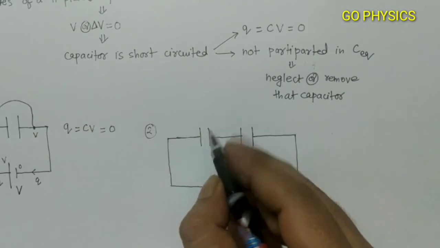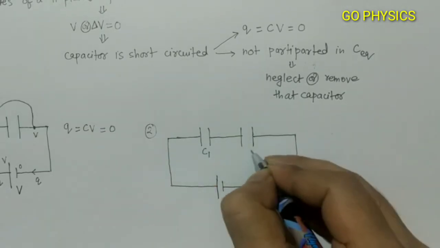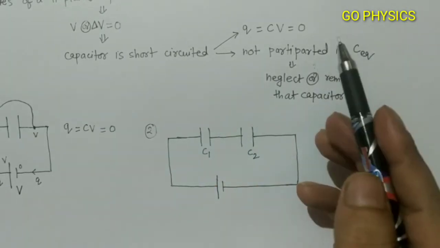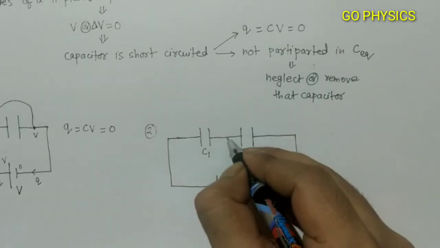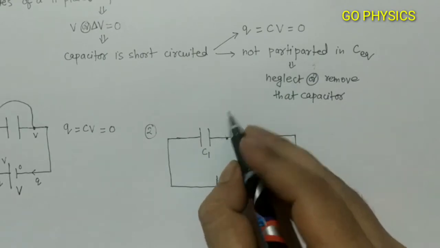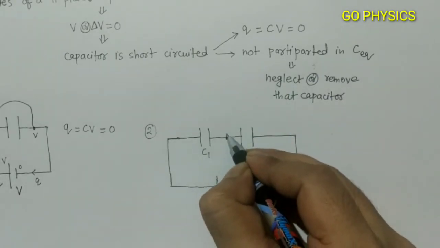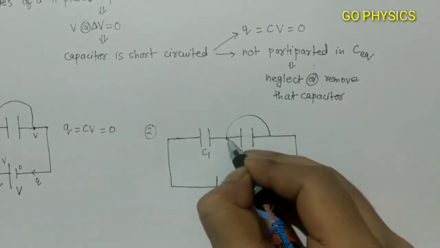Let us consider the capacitance of this capacitor is C1 and this capacitor is C2. Now what we are doing, we make the system like this, that to this joint I connect a wire like this.